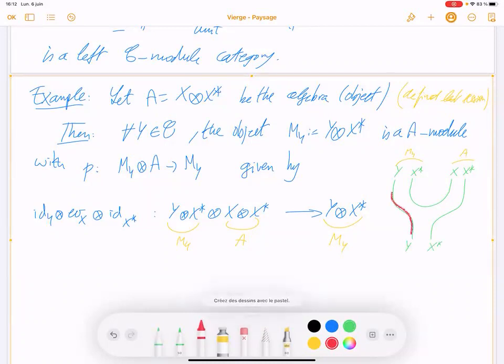In fact, this is just to make the two lines closer. You can just put the line like that if you prefer. There is nothing about this curve.